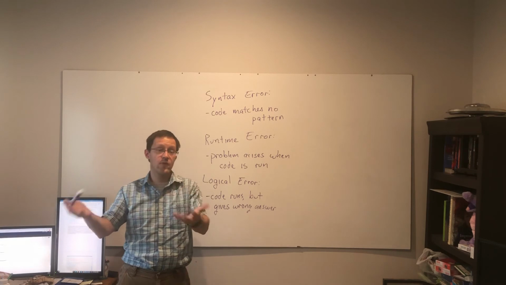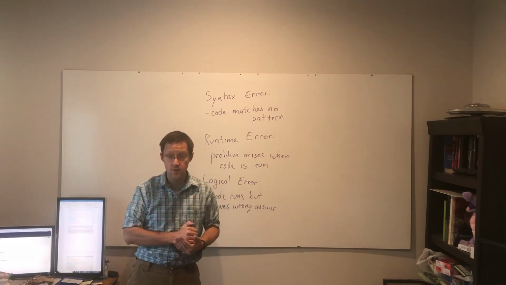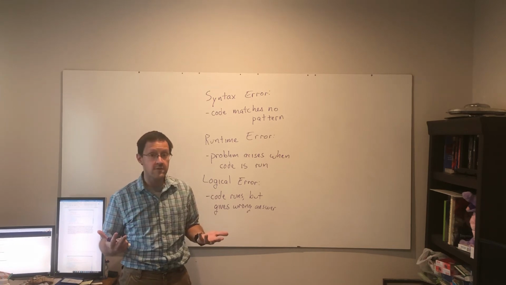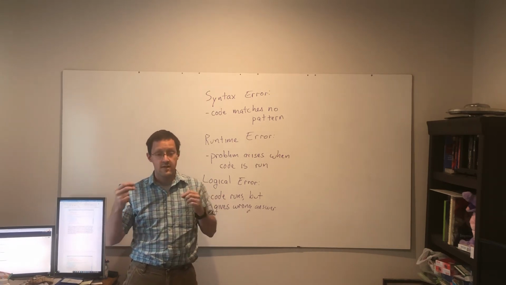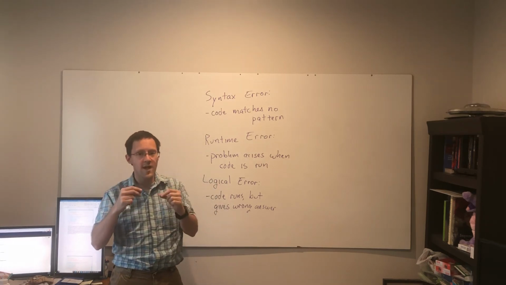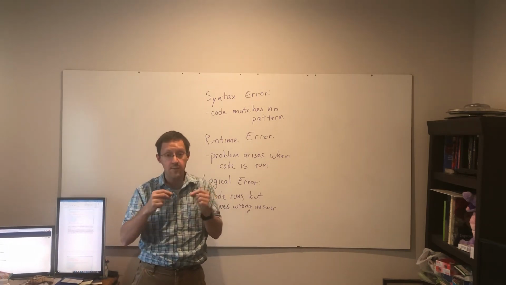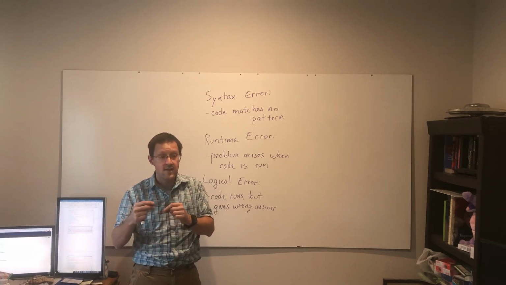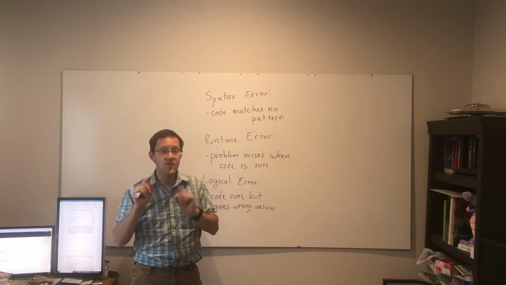So you made it a string instead of a number, and then when you go to divide by 2, you get a problem. You get an error message. The code will tell you there's a runtime error on the line that divides y by 2, or divides the price by 2. That's when it discovered the error.